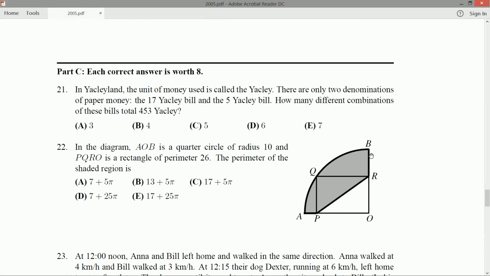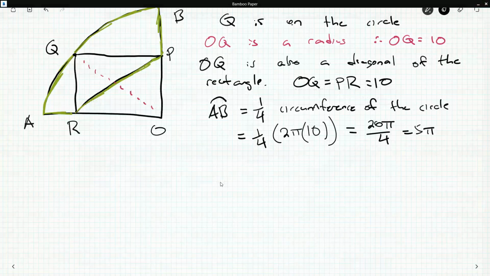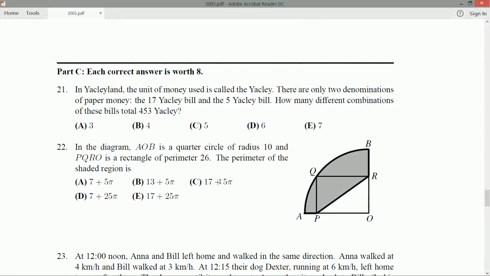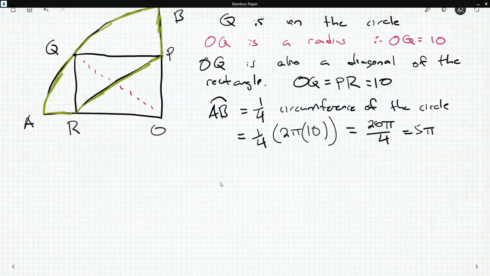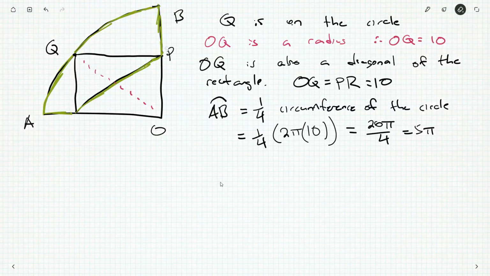But just based on our guess, I would say it's probably C. When I work out AP and BR, maybe they will have an extra pi in there, but I'm pretty confident that it's B or C, most likely C.